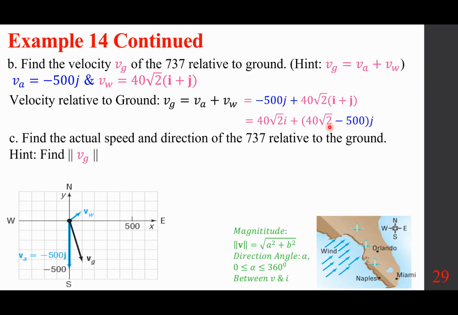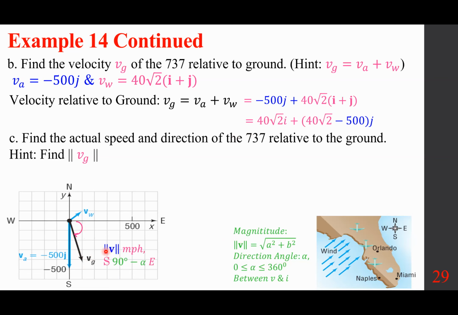And now we want to find the actual speed, which means the magnitude, and the direction. So we want the magnitude using this, then we find the direction according to this. So what is the direction? I want to write what we are looking for. The information we have here can help us calculate this angle.